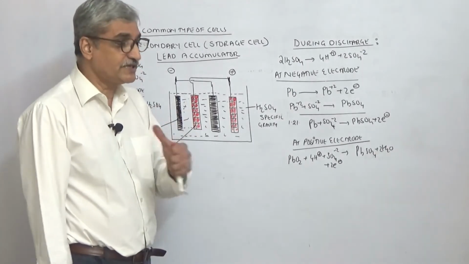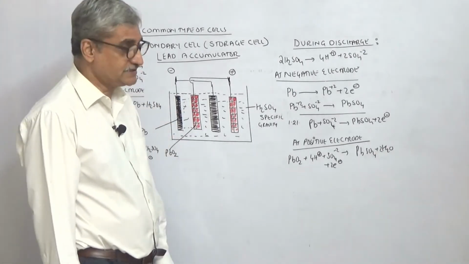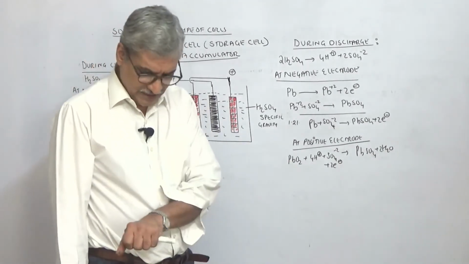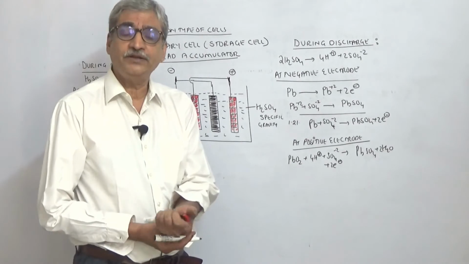Now that gives rise to a question in the entrance exam. Why is the lead accumulator not charged beyond specific gravity 1.21?